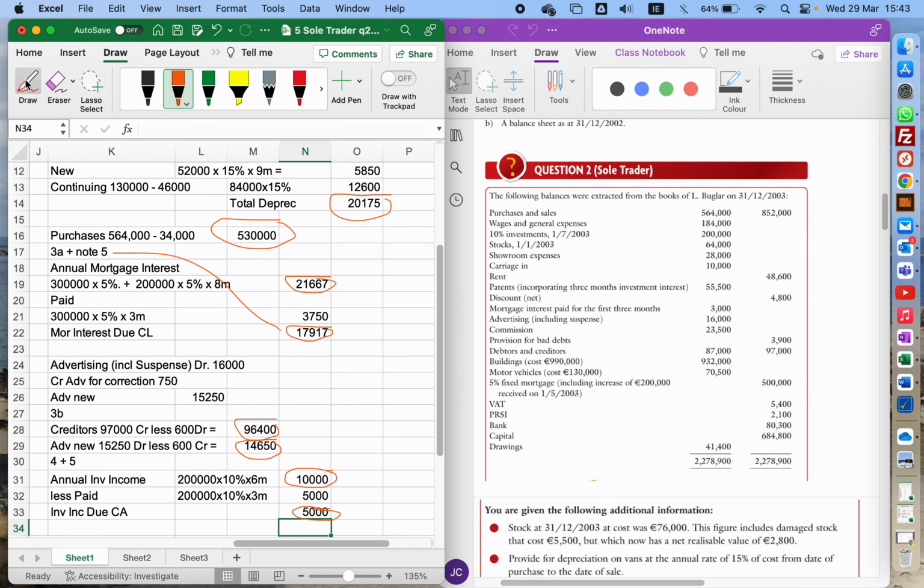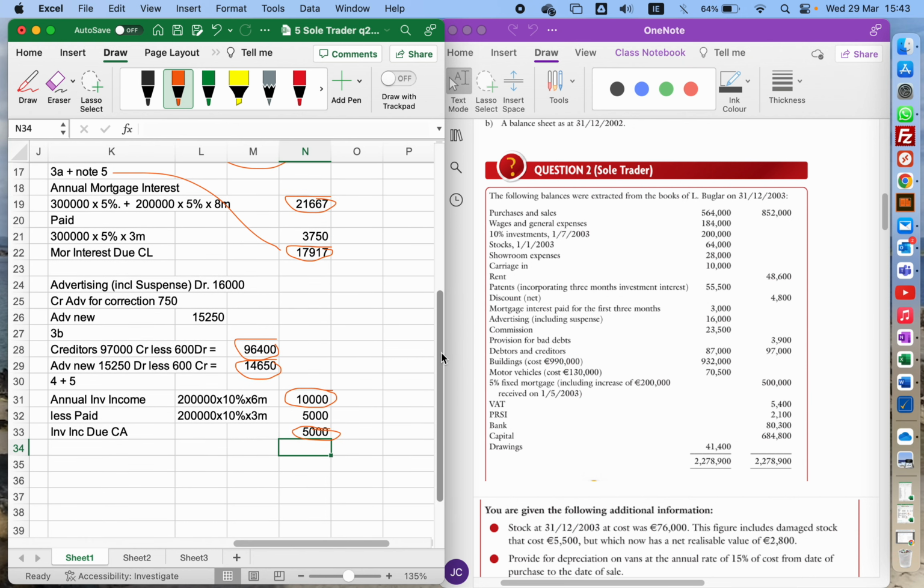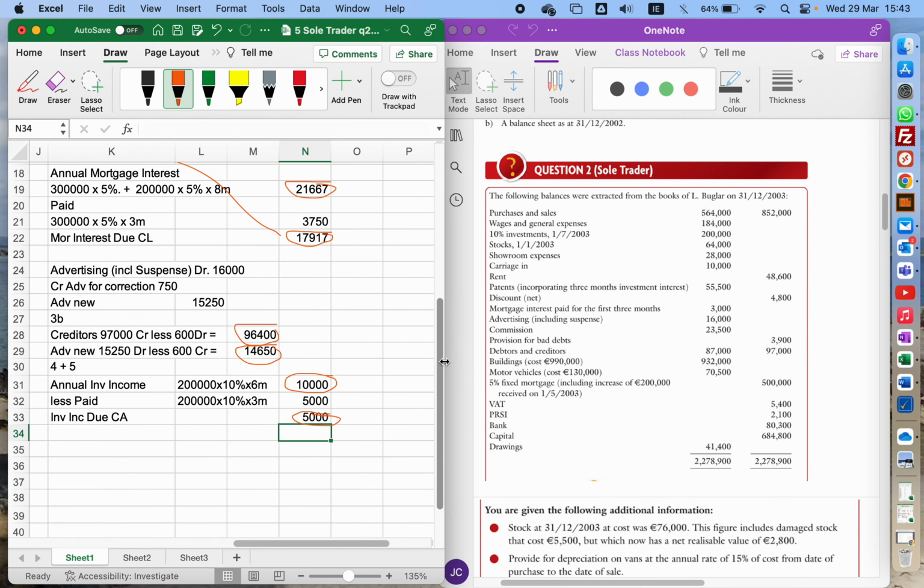Now, instead of me putting it into the investment income account, which is a credit because it's an income account, I put it into patents instead. So I need to take it out of patents. It's in the wrong place. The patents figure says 55,500. Patents is an asset and it's in the debit column. Now I want to take that number out of there.